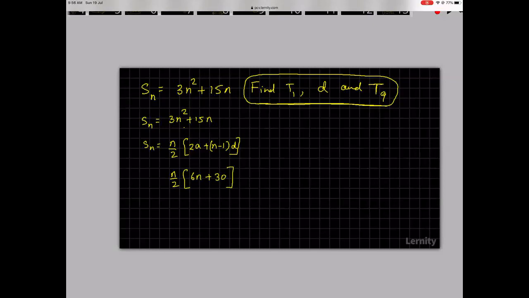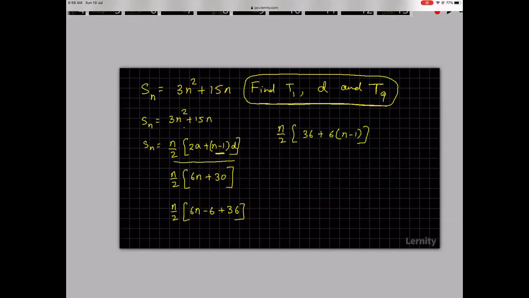Now I want to write it in the format n minus 1 d, so I'll write n by 2 into 6n minus 6, because minus 6 plus 6, plus 6 plus 30 is plus 36. So now I will write it as n by 2 into 36 plus 6 common, so n minus 1.